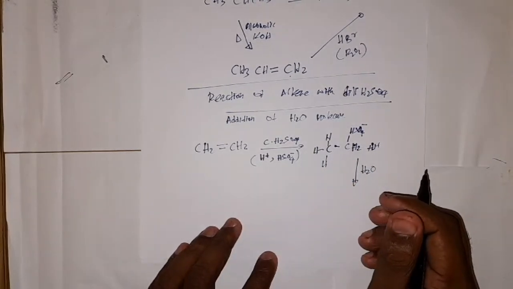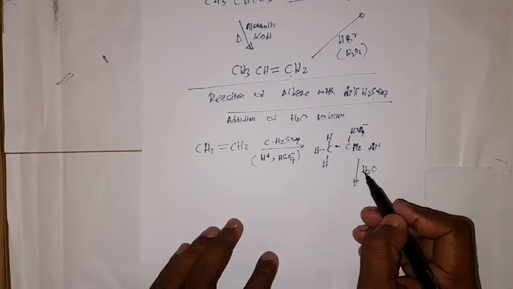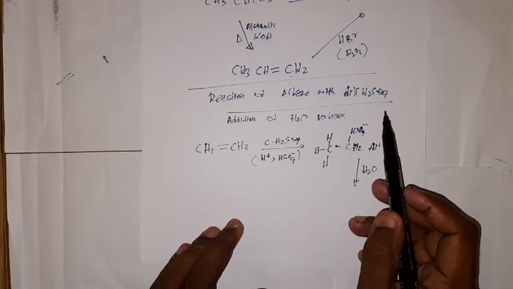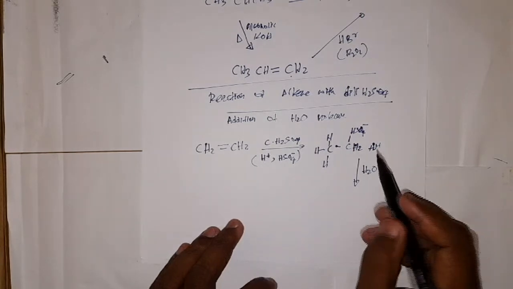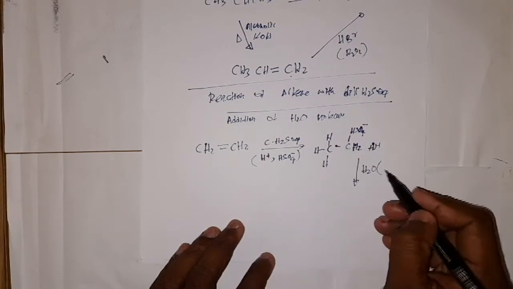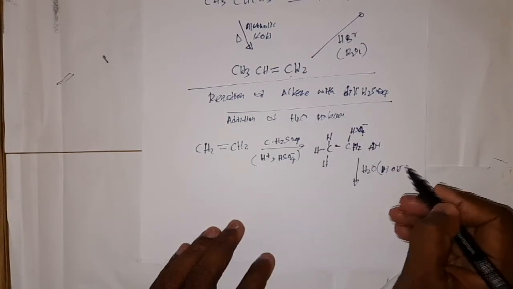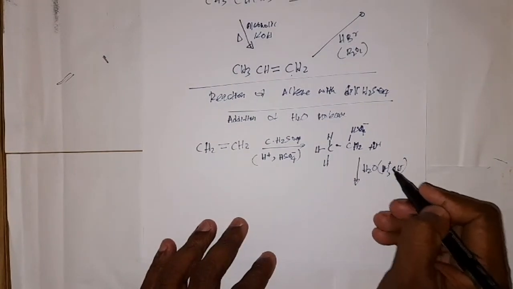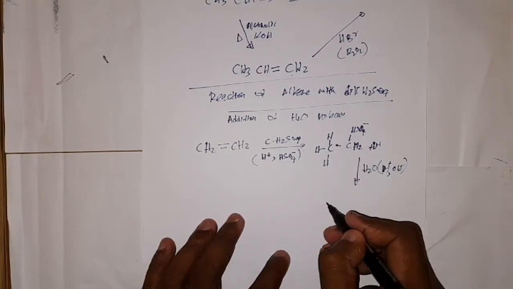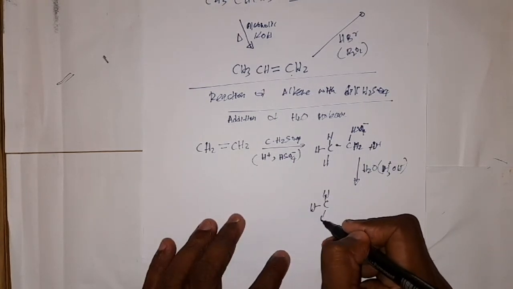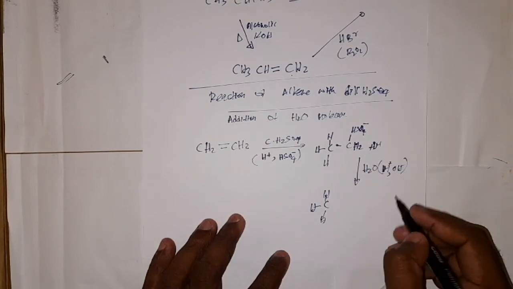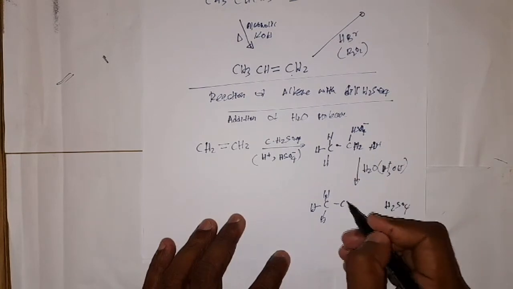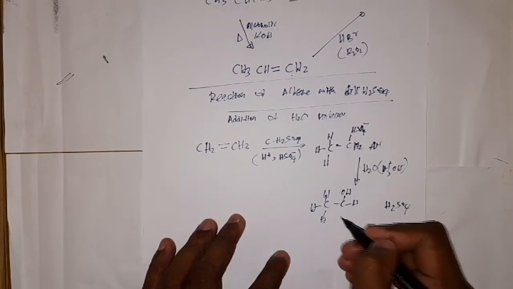Then the H plus from this will connect with this bisulfate, and one hydrogen with OH will join here, H plus and OH minus. The H plus will react with this one to be removed as H2SO4. Then OH will join to this point.